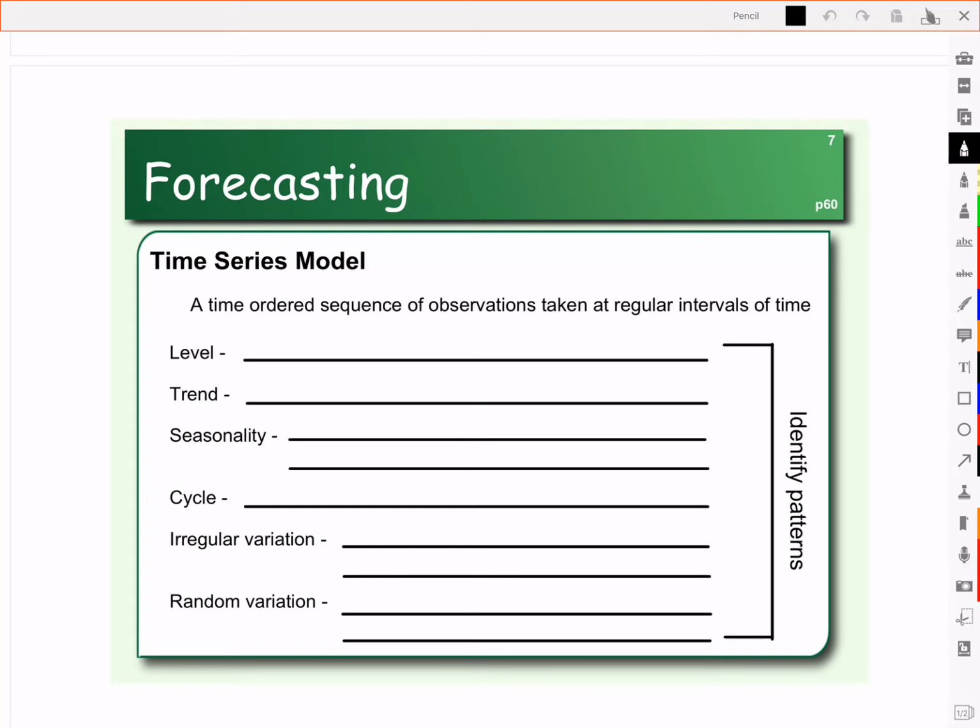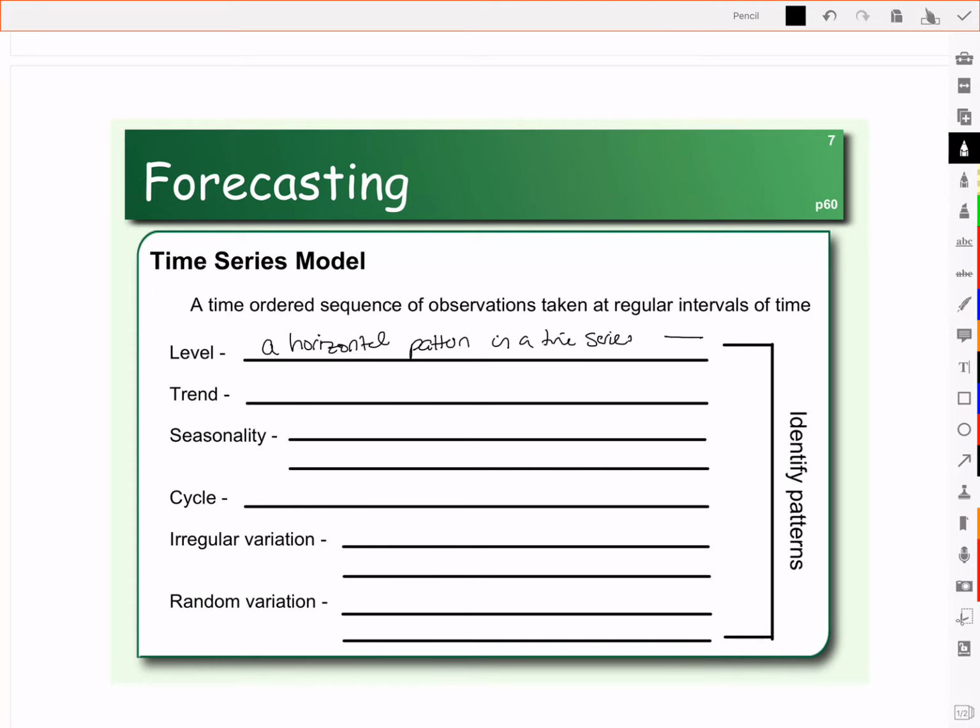So a level pattern is just a horizontal pattern in a time series. Okay, so basically no change in the data. Okay, what we saw in the past is what we'll see in the future, no change.